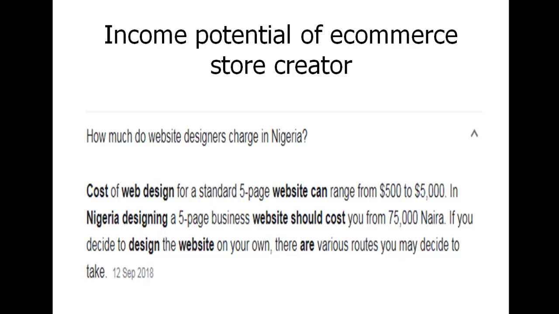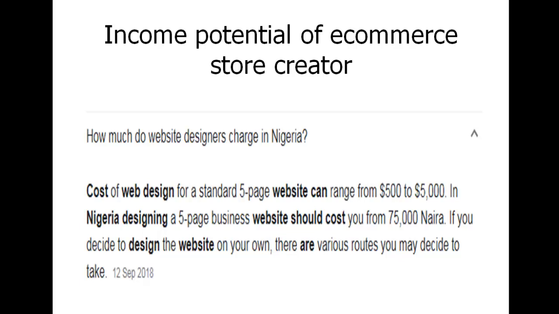For some of you that are learning this skill as a business that you can leverage on, I want to tell you that people are demanding website design and e-commerce store creation on a daily basis, which will help you to get paid, connecting with people and telling people about your product and your service. You'll be surprised that people will patronize you and pay you handsomely.